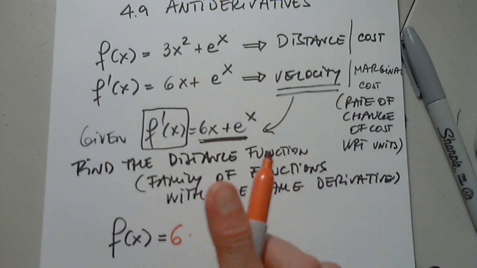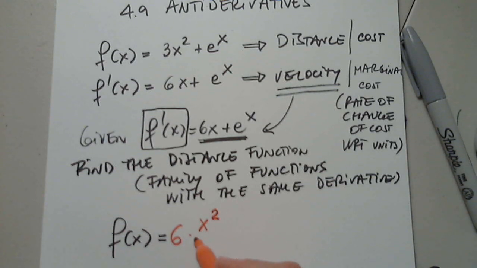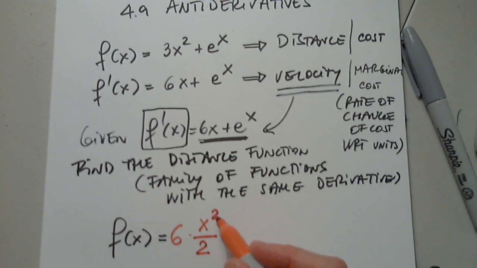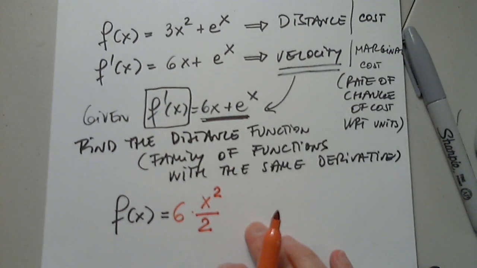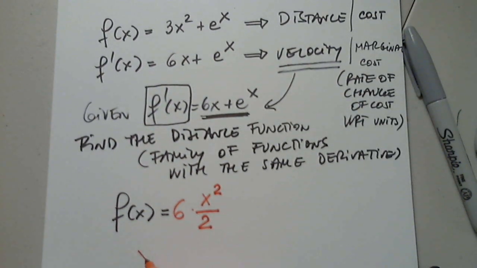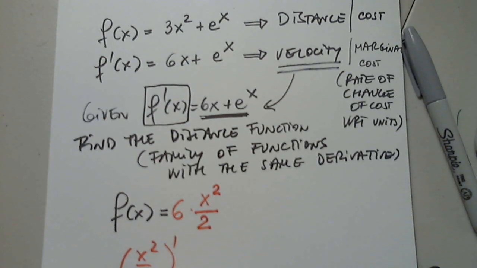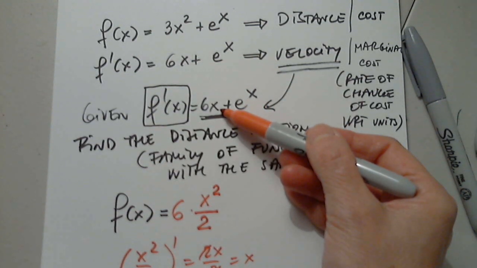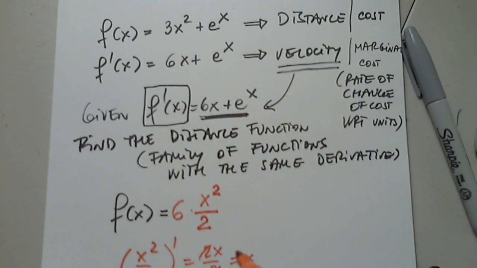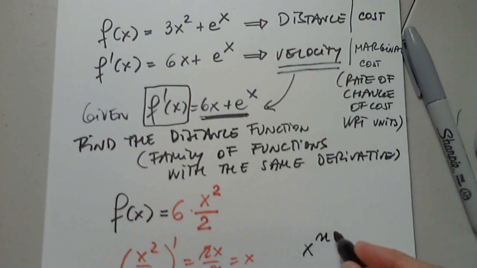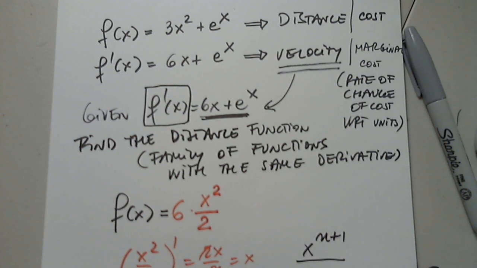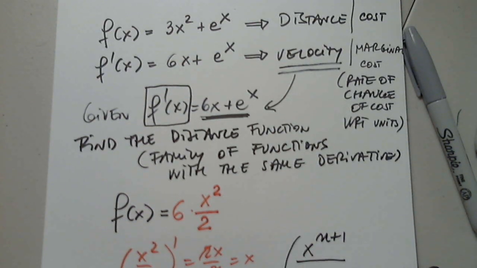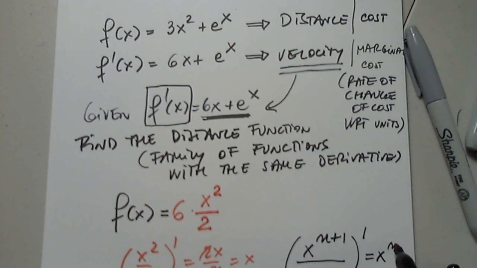I have to increase the power by 1 and divide by that number, the result. And you can say, wait a minute, show me. Yes, I will show you. When I differentiate x squared over 2, I get 2x over 2, and when I simplify, I get x. And this is a rule. What is the rule? The rule is x to the n plus 1 over n plus 1. So when I differentiate this, I get x to the nth power.